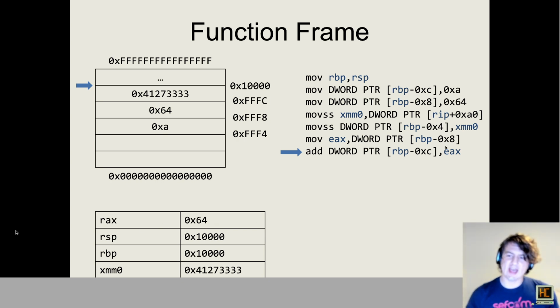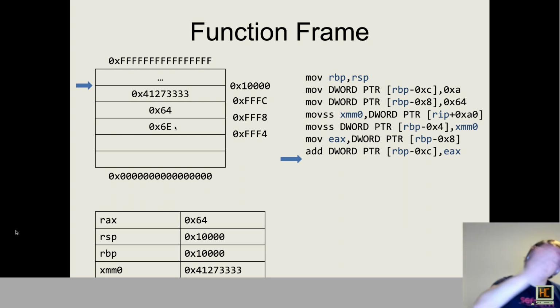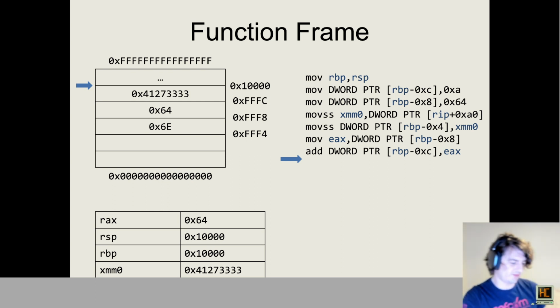Then we're going to add what's in the EAX register to whatever's at RBP minus C and copy the result into RBP minus C. So this will do hex 64 plus hex A, and copy that there. That is 6E, apparently, so that's a good thing to know. And then it'll just continue on and execute whatever instruction is next.